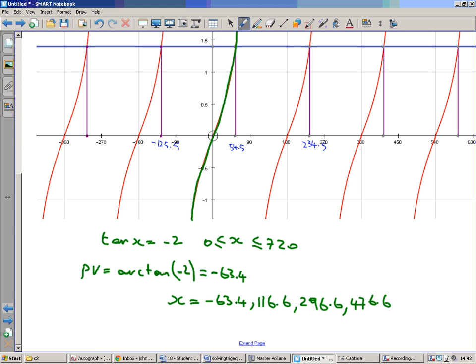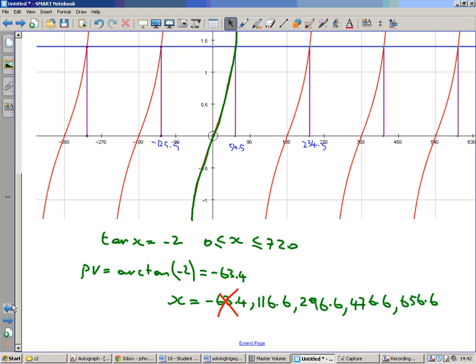And the fourth one, 656.6. Okay, so from the principal value, which we don't actually need to offer in our final answers, it doesn't matter if we do, excess answers tend to get ignored. We've got the four answers that we would need for our solution.